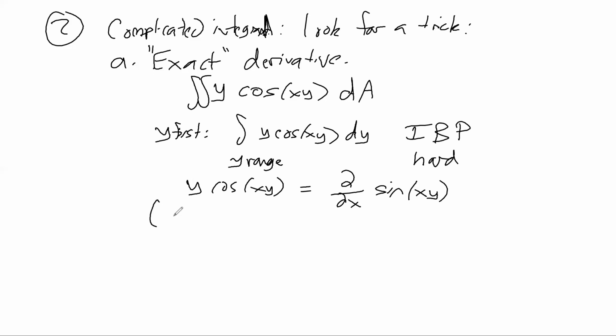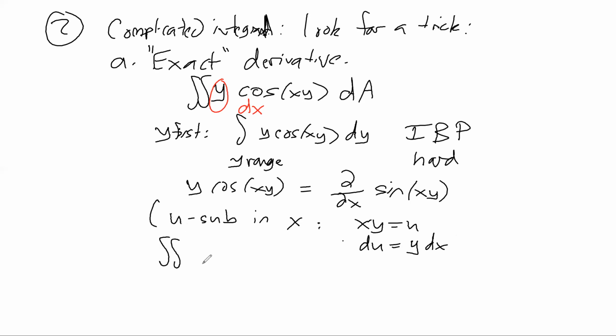So in other words, you do a u substitution in x, right? So you let xy equal u. That means that du is y dx. So that takes care of this extra y out here. Okay, so if you do that, then what you get is cosine of u du dy.